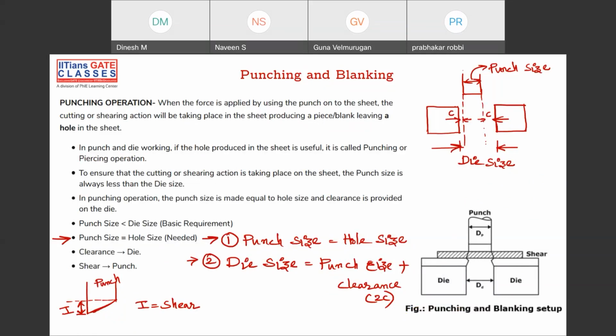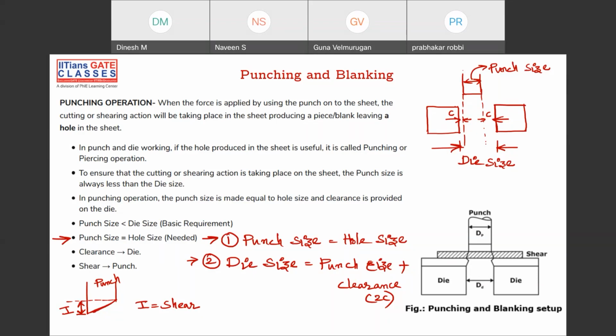This is a very important topic, and people often get confused about the differences between punching and blanking, and sometimes they even get confused about where we have to provide the clearance, where we have to give the shear. All these things are tricky for some people, not for everyone. Some students I have seen are getting confused with these things. Let me teach this in such a way that you never forget, or you need not remember. Let me discuss this in a clear way.